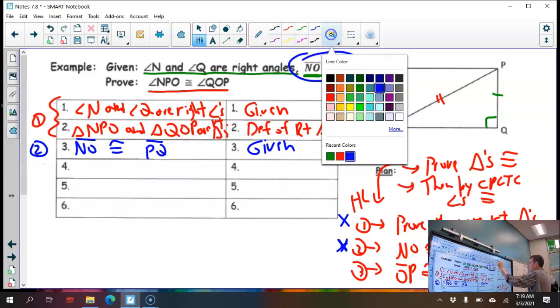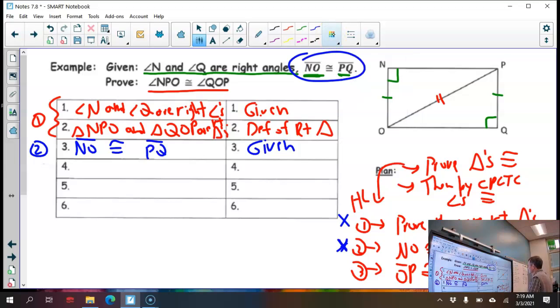My third little proof is to prove that this line down the middle, OP, is equal to itself. Well, that's easy. We all know that one. We've used it a lot, right? How do I know that OP is congruent to OP? Well, that would be the reflexive property.